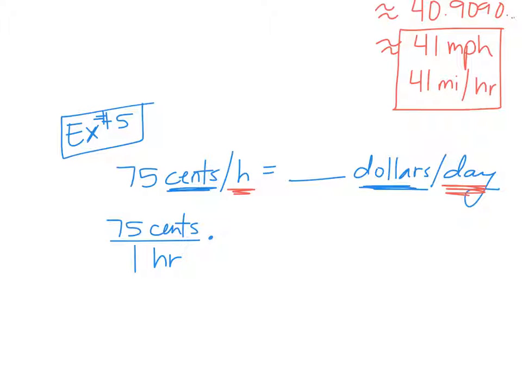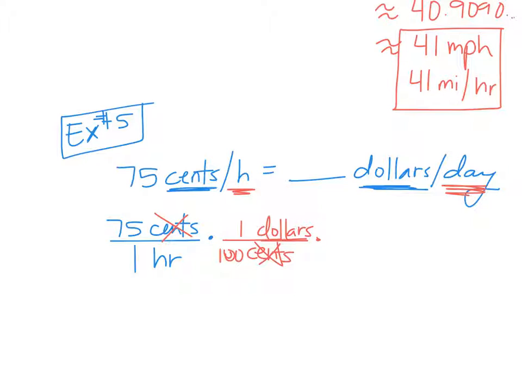Okay. So cents to dollars. If I want to cancel cents on top, I have to put cents on bottom. And then that will convert to dollars. Okay. So $1 is 100 cents. So now my cents are gone. I'm at dollars.